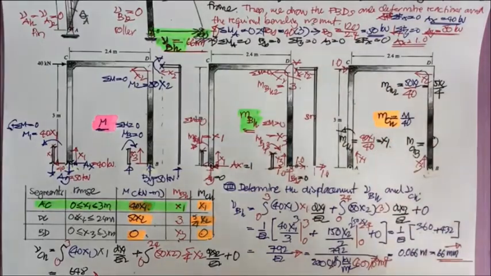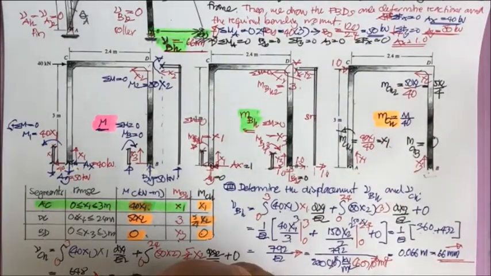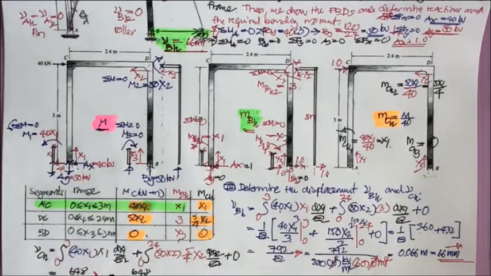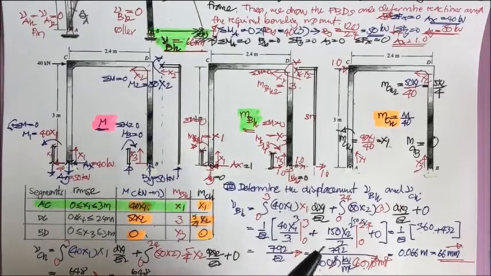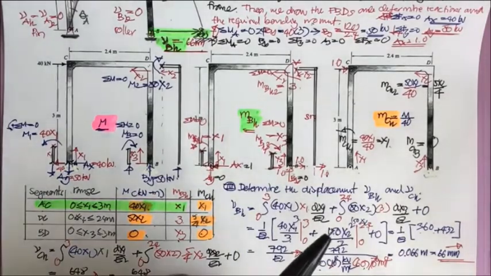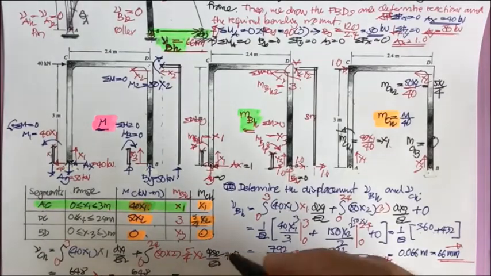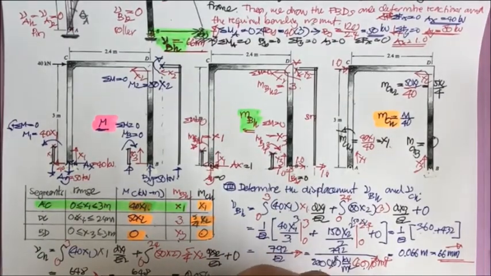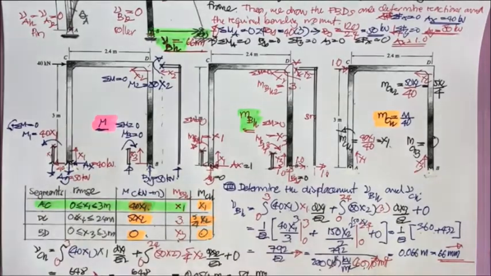Then if you put everything in, dividing by 210 power 6 and the I value, you get 0.054 meter, or 54 millimeter, and it's going to be in this direction.